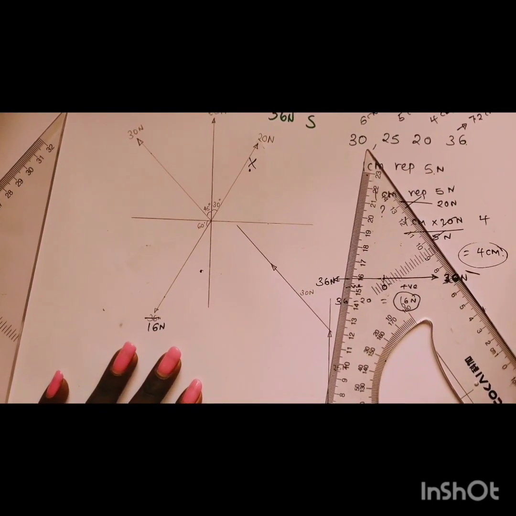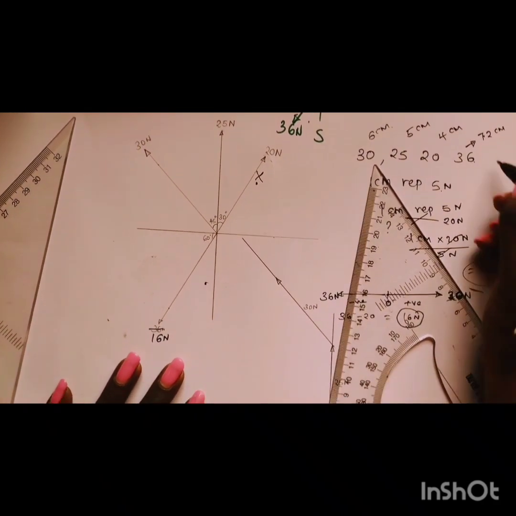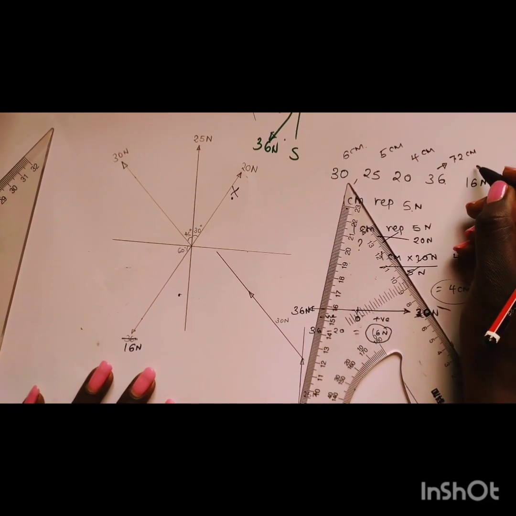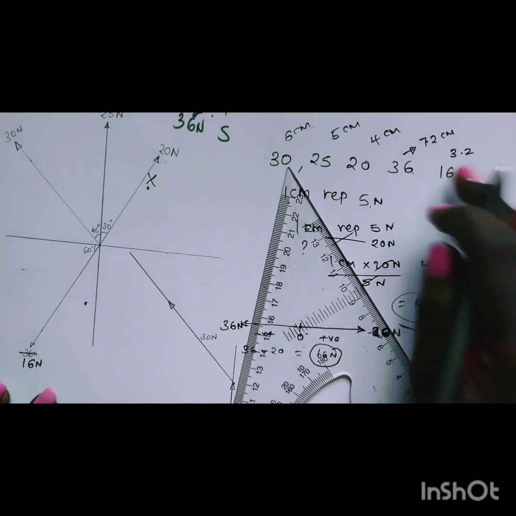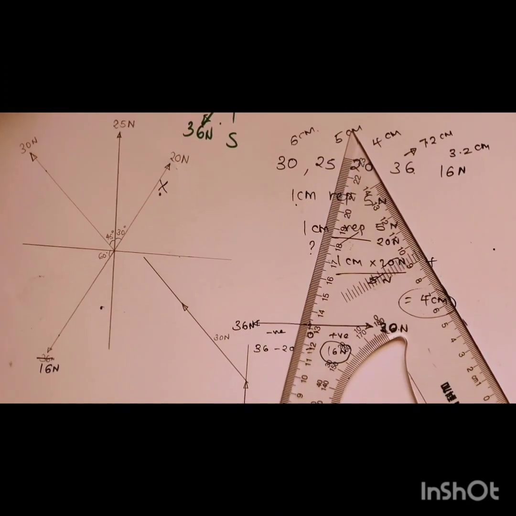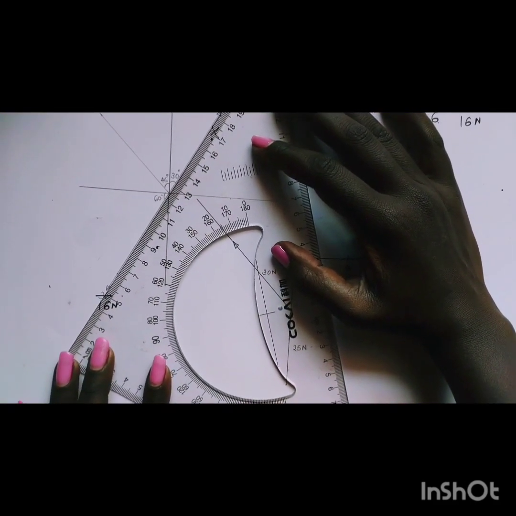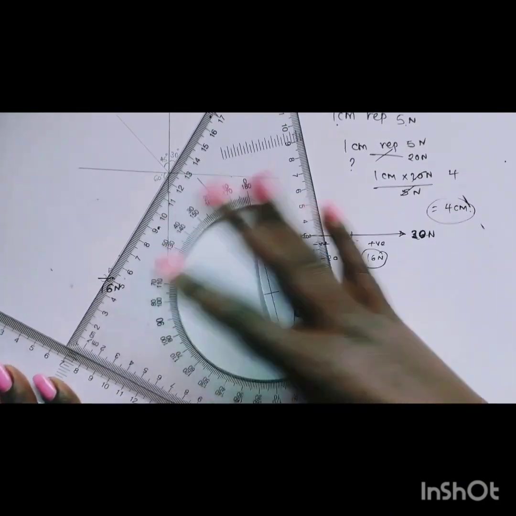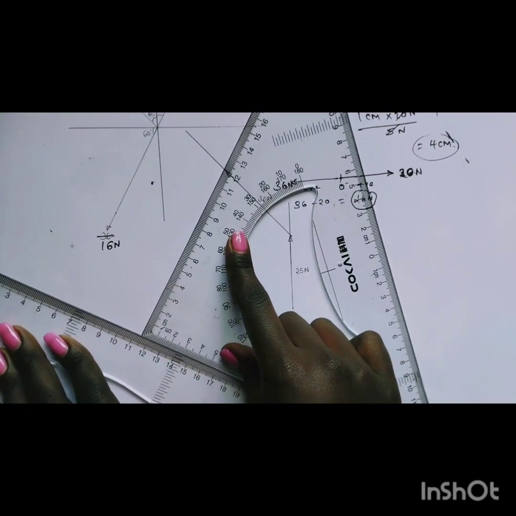Lastly, we'll have this force of 16 newtons. Previously I had not indicated that because we had not realized that this force is parallel, or rather in a straight line. So for the 16 Newton force, in our scale, we will have this as 3.2 centimeters. So using the same procedure that we did initially, we want to transfer this 16 Newton force, the other one at the base, and then we slide this line to the nose of the other vector.